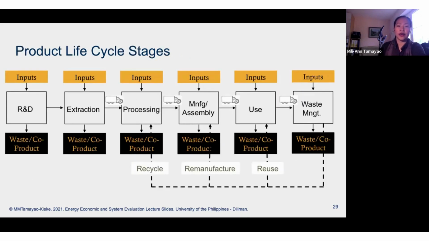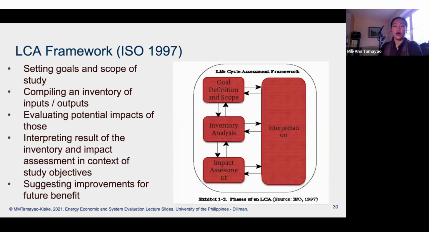So again, these are the life cycle stages as we mentioned earlier. So ano ba yung binabanggit ko na ISO framework? Ito yung simple lang siya, guys. Yung life cycle assessment framework offered by the ISO, which was provided in 1997. It has 4 components, as you can see here. You have goal, definition, and scope.